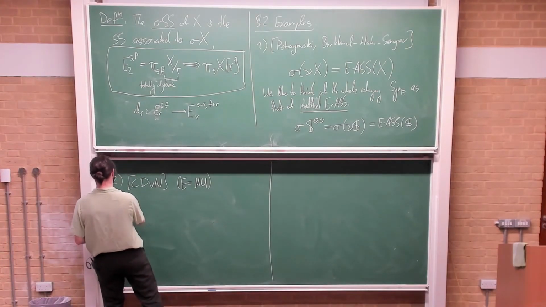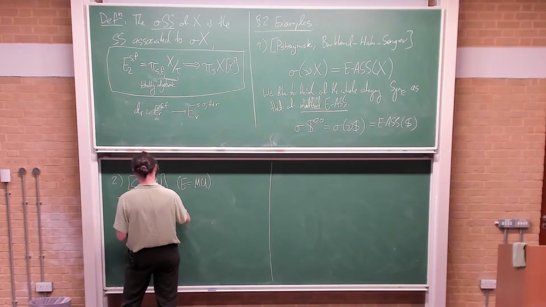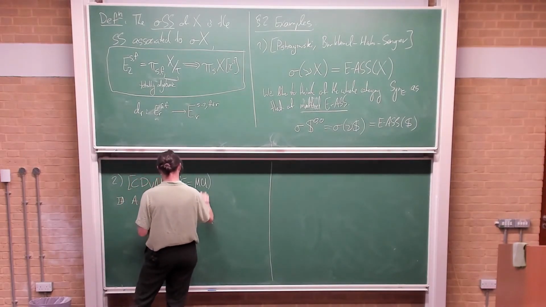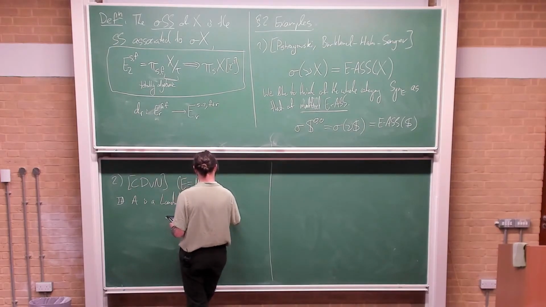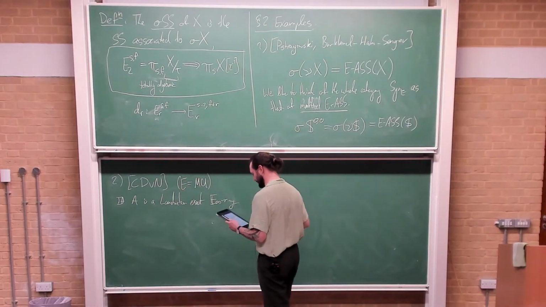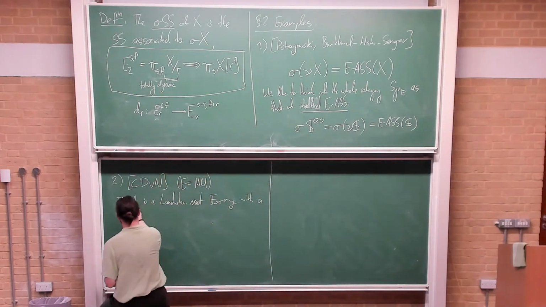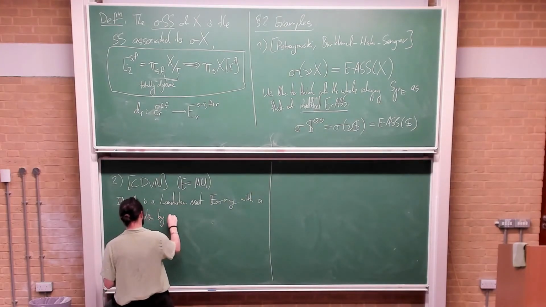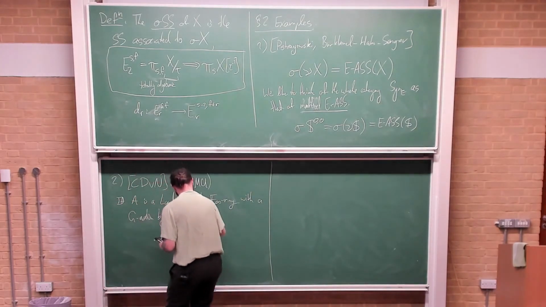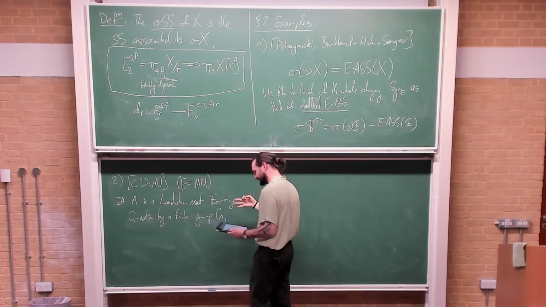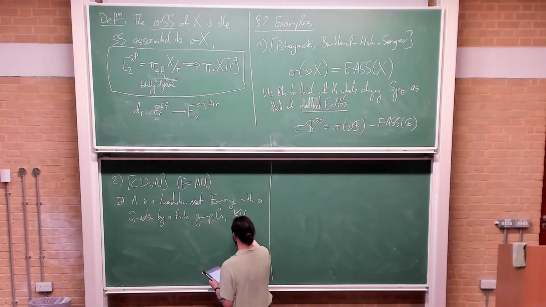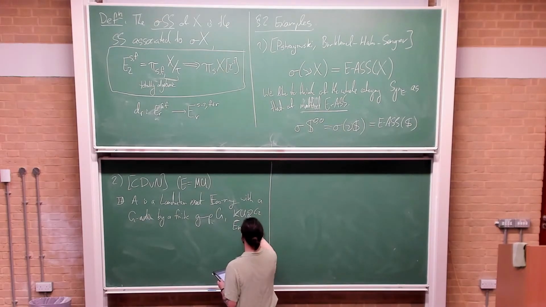And in this case, if A is a Landweber exact E infinity ring, you can loosen some of these adjectives, but this is okay for now, with a G action by a finite group G. So the examples I'm thinking of are like KU, and E_n with some finite subgroup of the Morava stabilizer group action, or you might consider some TMFs with level structure, or something like this.